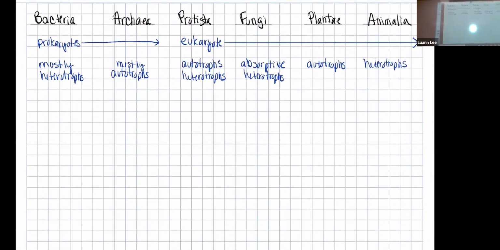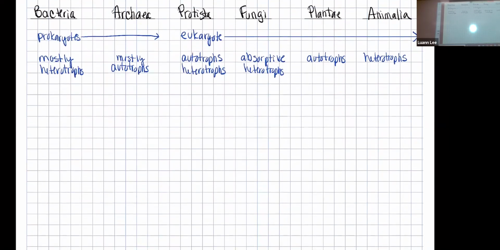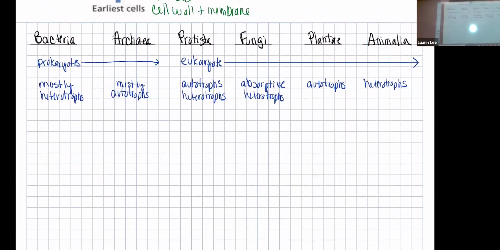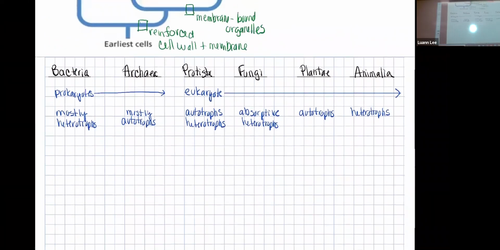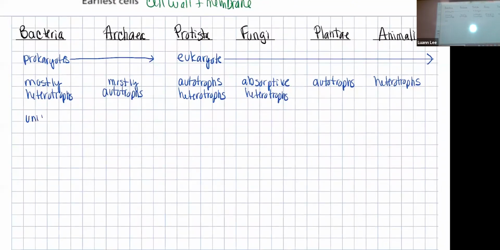Bacteria, archaea, and protists are all single-celled. And multicellular are fungi, plants, and animals. Everybody over to here is unicellular, and starting here, with fungi, multicellular.